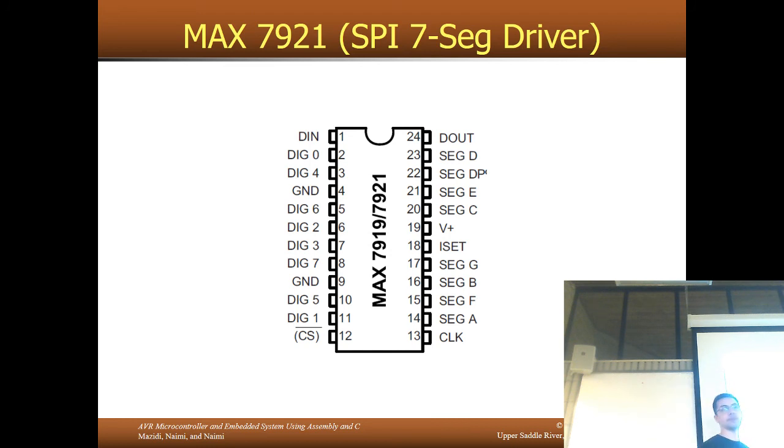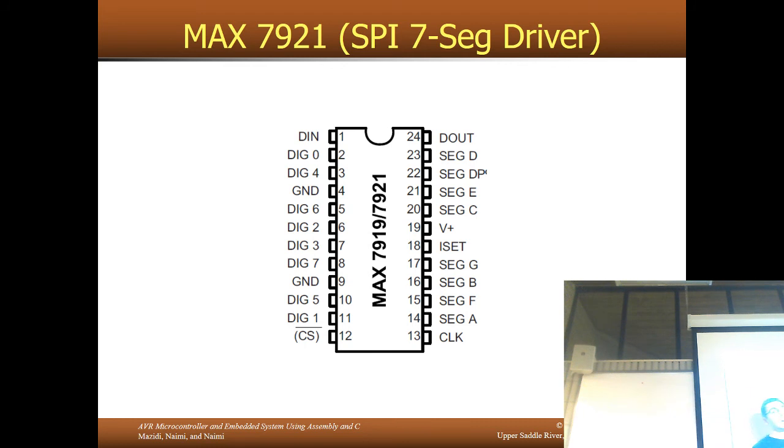SS is this guy, this chip select guy. MISO, that stands for master in, slave out. I think MOSI is probably more appropriate for the data in of the slave. And this would be slave out, so MISO here.